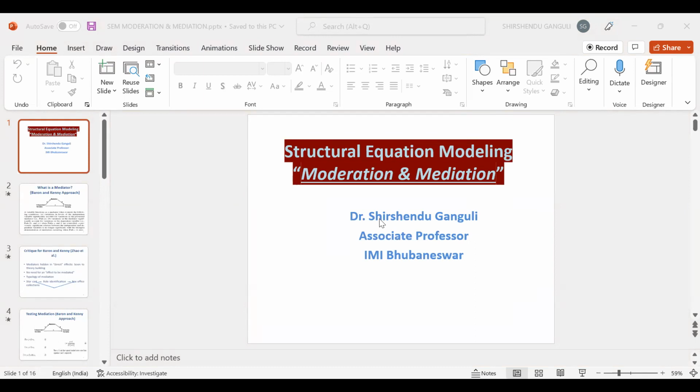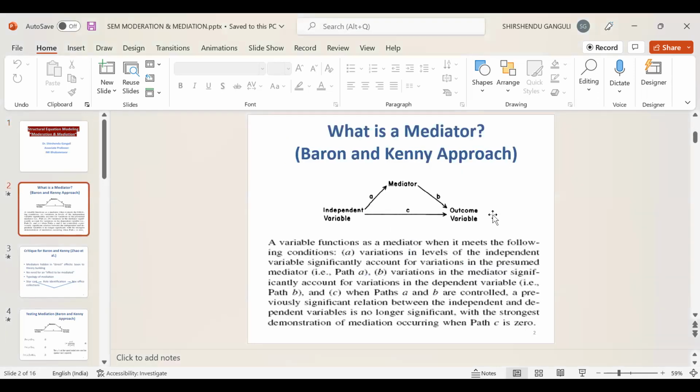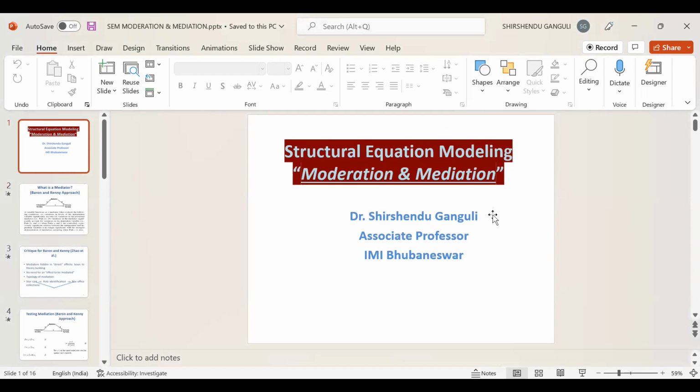I'll tell you, a mediating variable is one in which you try to see whether there is a variable in between two variables, which is also impacting the relationship between the two variables. The example that we looked at in the structural model, is there any mediation possible in that?